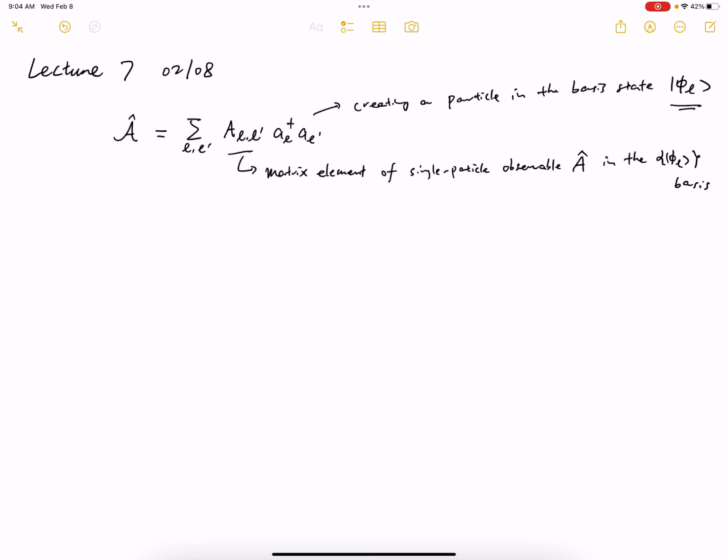And this curly A is a sum of these single particle observables for each different particle.